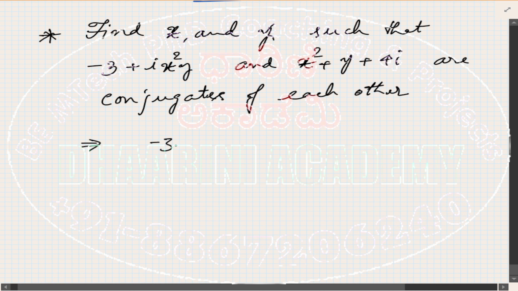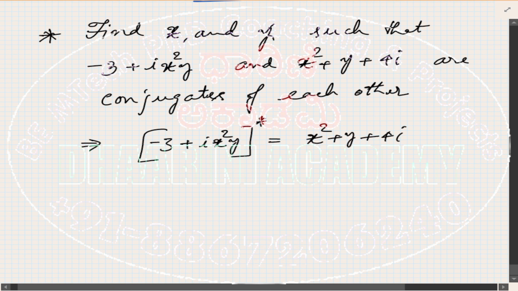So this is -3 plus i times x squared y, its conjugate is equal to the other number, which is x squared plus y plus 4i. So let us try to conjugate the first number.